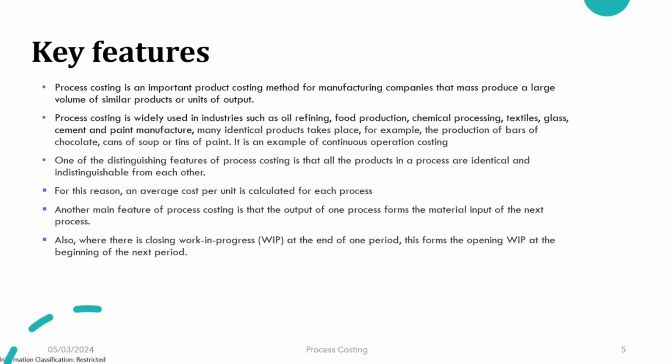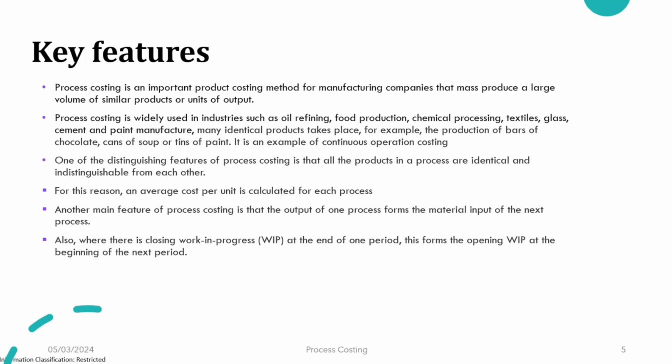And all the products produced are the same. The outputs are the same. Also, process costing is widely used in some special industries. I mentioned oil refinery, food production, sometimes used in the textile industry, paint factories. So when products are produced identically and in very large quantity.